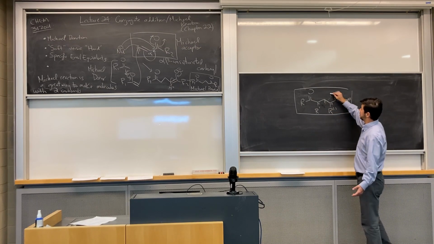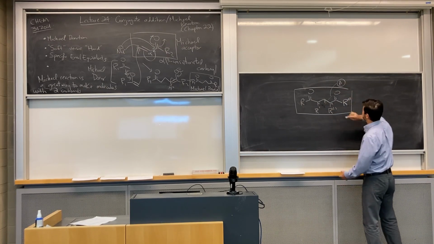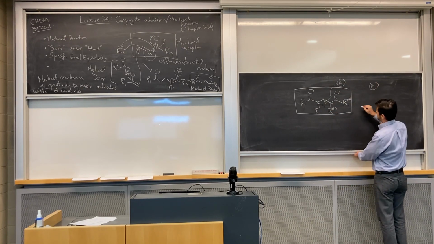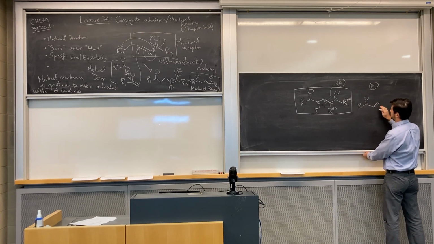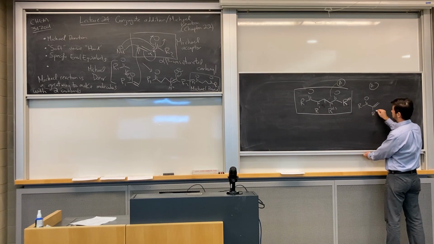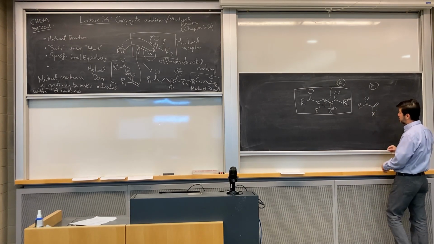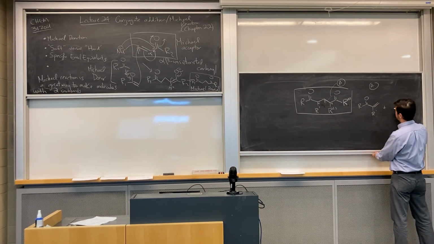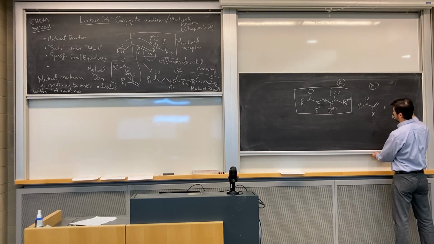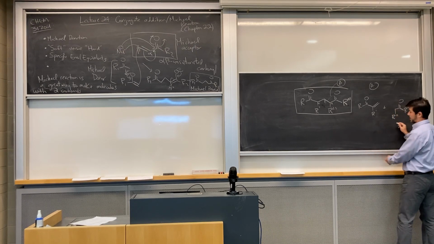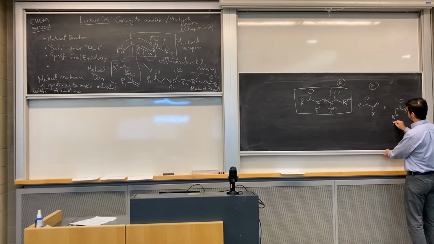Let's call this scenario A. Scenario A would have this as your Michael acceptor plus your Michael donor, which would look like this before it enolizes.